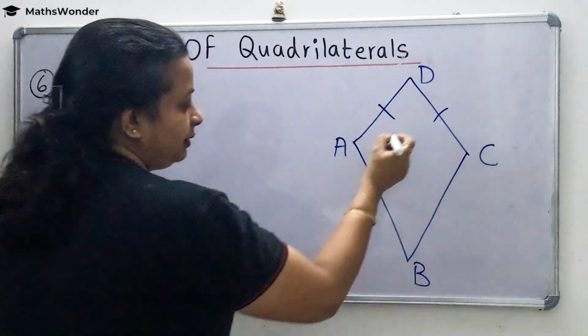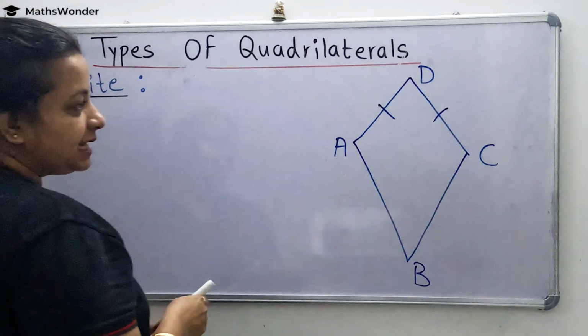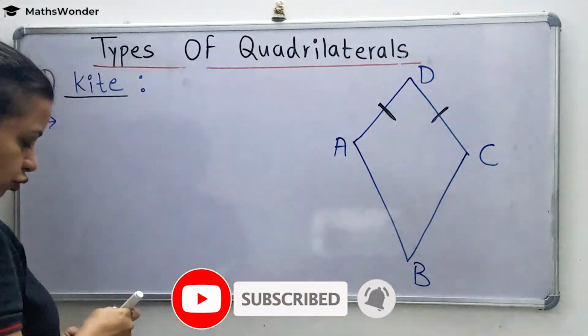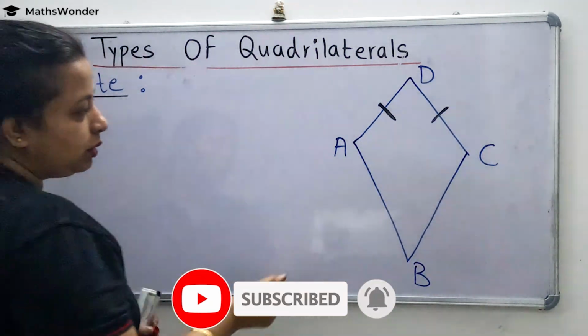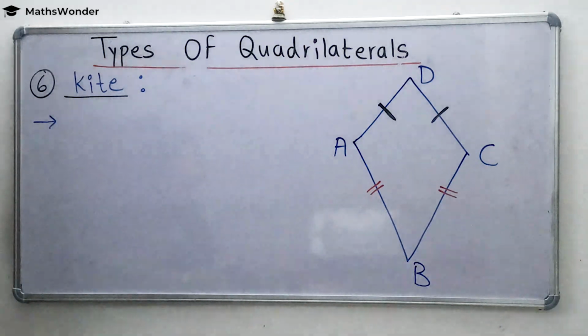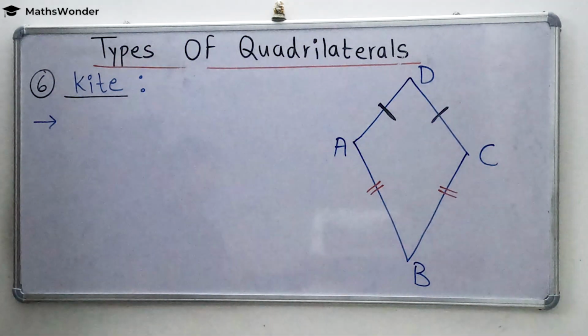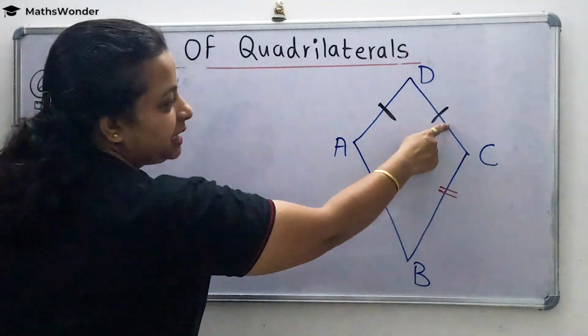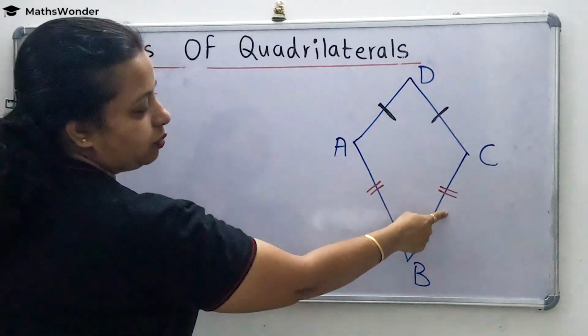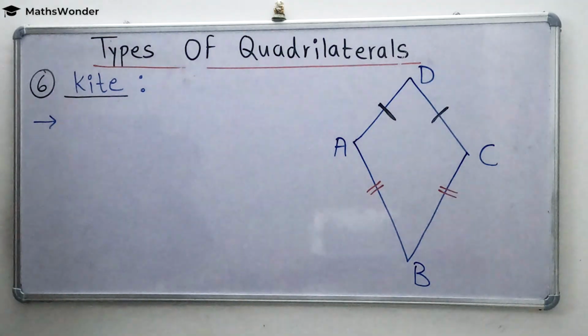These two are adjacent sides. Adjacent sides means the vertex is common. So one pair of adjacent sides are equal and the other pair of adjacent sides are also equal. But the opposite sides are unequal.